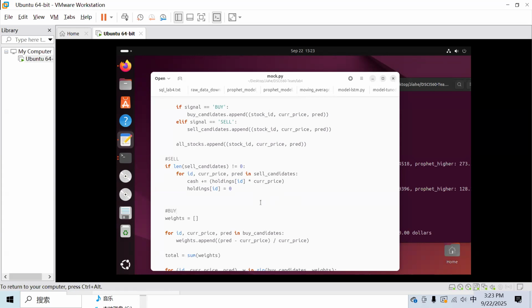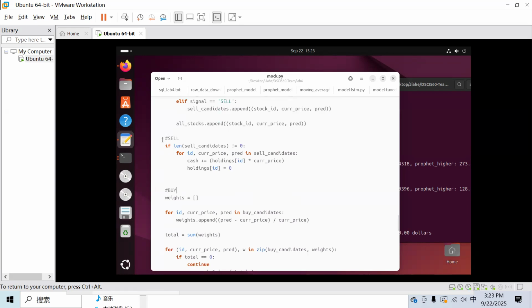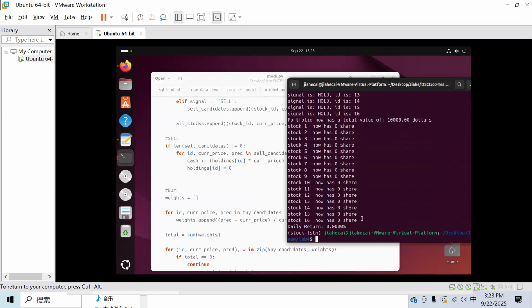So we gain cash, we have more money by selling the stocks. We also have holdings to keep track of the shares for each stock. Here the holdings for this stock is going to be 0. And the next step is to buy.